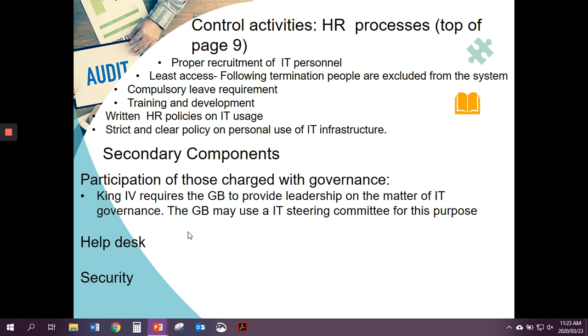What is the mechanism for understanding what's happening in the IT department and what risks are affecting the company? Sometimes we may not, for example, have an IT director. Then we need to have an IT steering committee to act as an IT director. Help desk is where we have people dealing with queries of end users, as I mentioned, and security. We're going to talk more about security, so I'm not going to talk too much about it now.